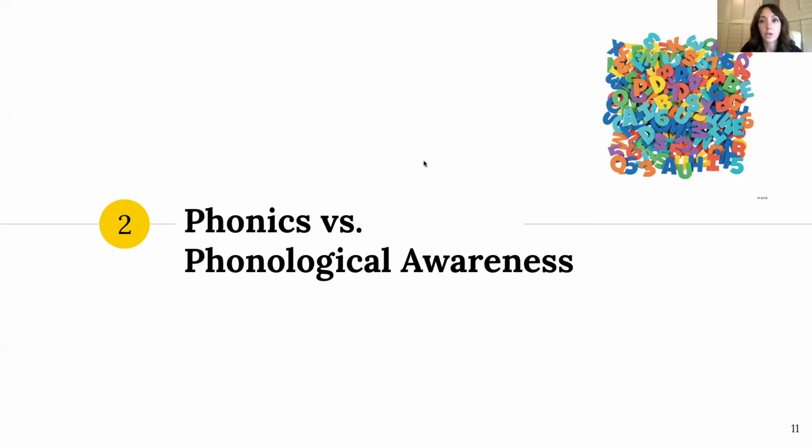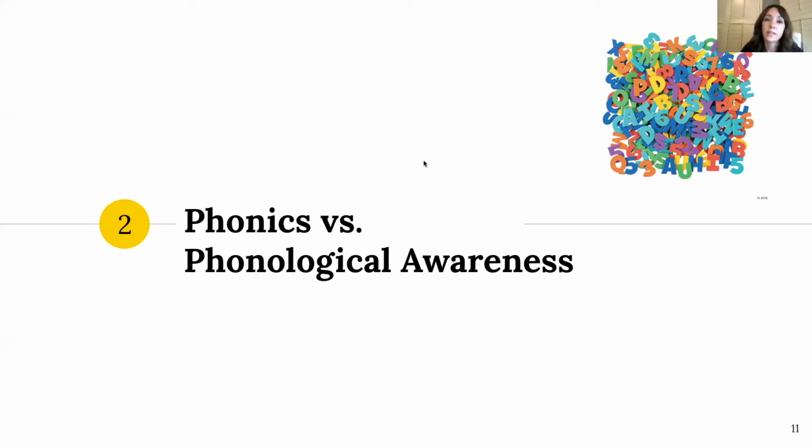Something that's really interesting is most readers that are adults, maybe struggling readers as adults or upper elementary, middle school, high school, if you actually look at all of their skills and their data, most struggling readers are missing phonological and phonemic awareness skills.